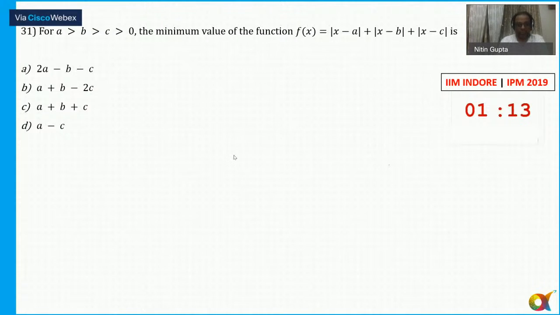Anyone who can tell me the answer for this very simple question? No responses till now.